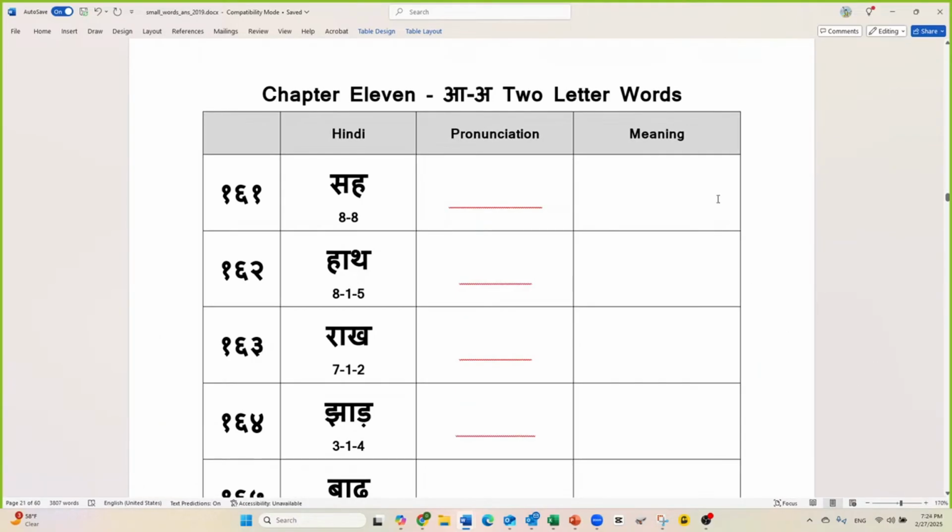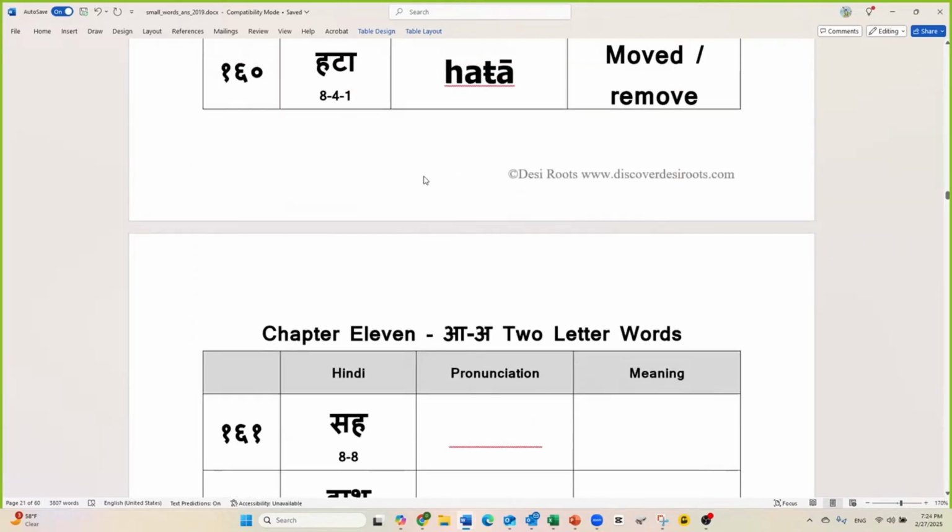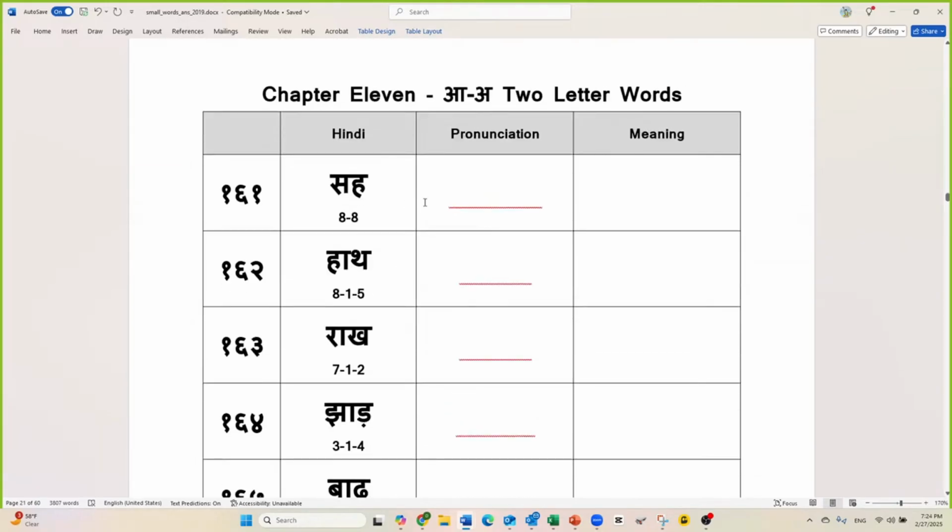Saha. Seh, seh. And seh means to suffer. I wrote it differently. Okay, doesn't matter what you wrote, but this is how I want you to pronounce.